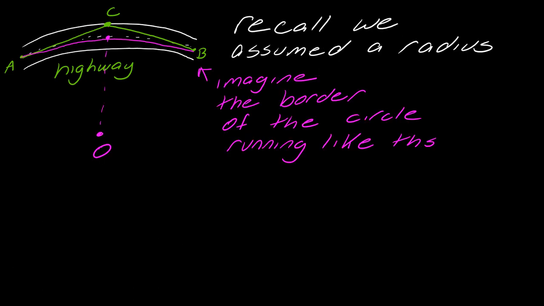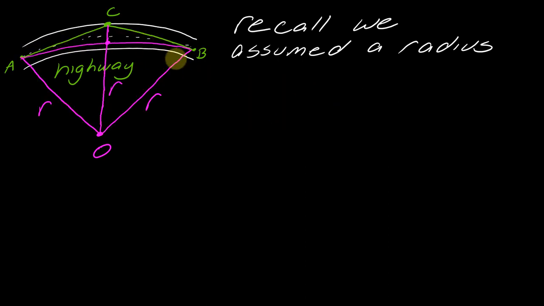I want you, in the back of your mind, to imagine that you have the border of this circle running through this road like this. I'm going to reference this a few times. From here to here, I'm going to assume that there's some sort of radius, okay? If I know that I have a radius from here to here and I have this circle running through like this, I could also extend this concept. So I have a radius here, a radius here, and a radius here.